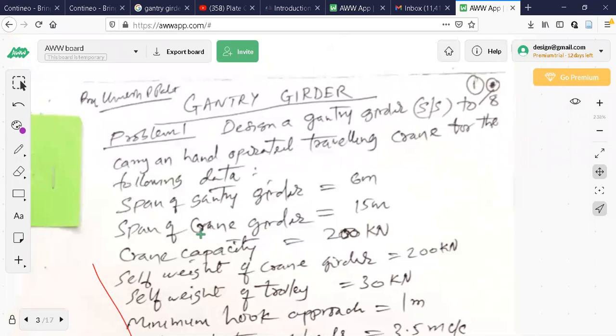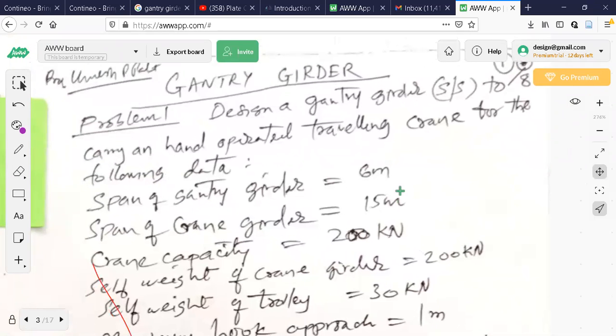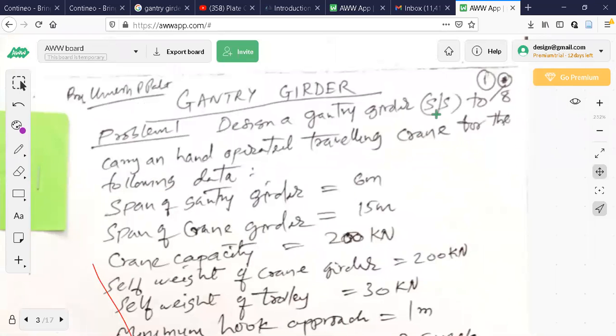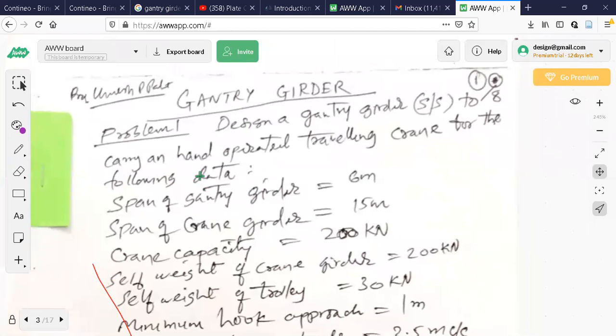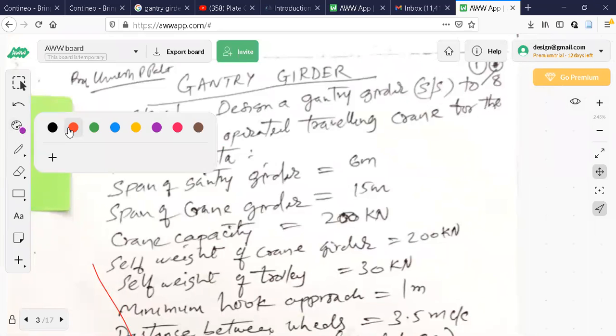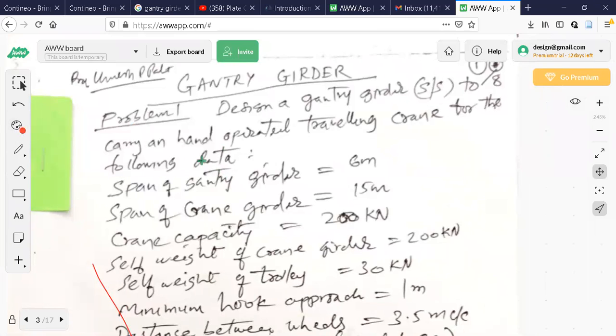So just observe this. Now here, design a gantry girder simply supported to carry a hand operated traveling crane. Again see here, power operated, that is there, those notes also I am giving.